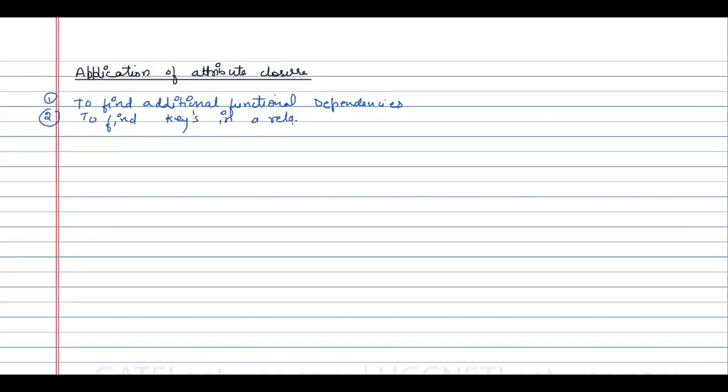When I'm saying keys, we are trying to find what are the candidate keys which are possible and what are the super keys which are possible. Third benefit is we try to find equivalence of functional dependencies. And the fourth benefit is to find the minimal set of functional dependencies.